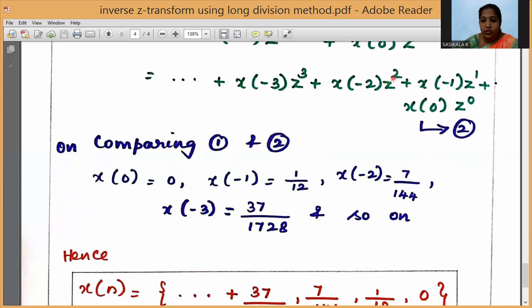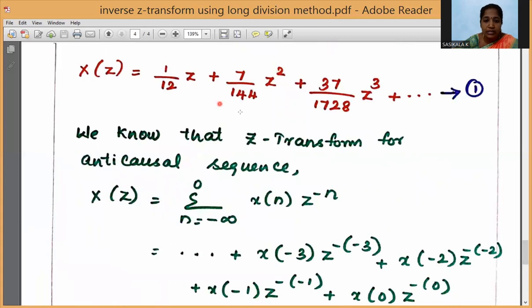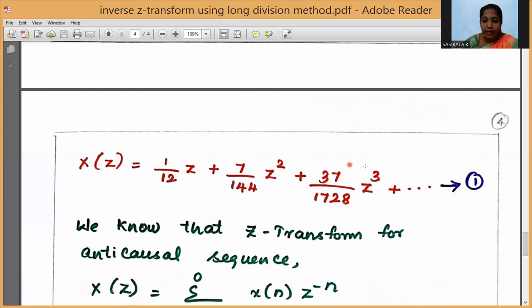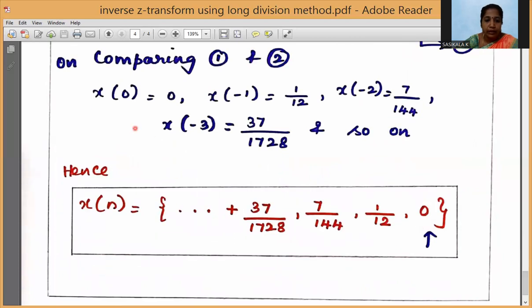The next one, z²: the x term is x of minus 2, and z²'s coefficient is 7/144, so x of minus 2 is 7/144. And for z³, you'll be getting x of minus 3, which is 37/1728. And so on.